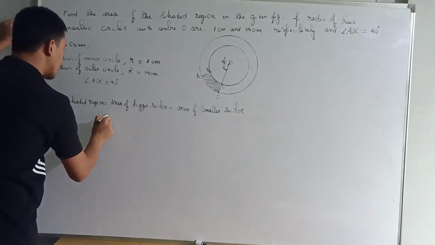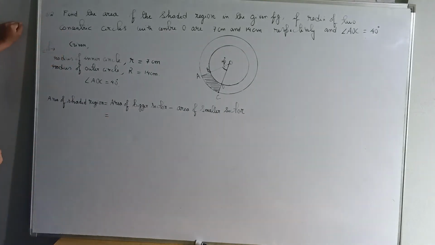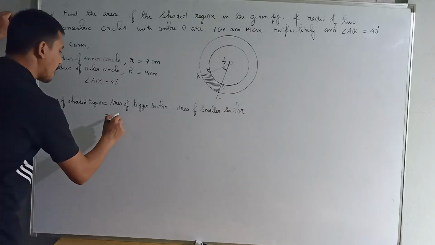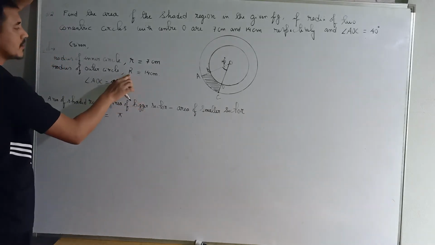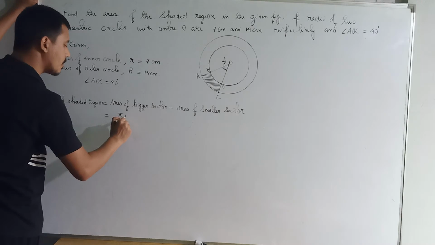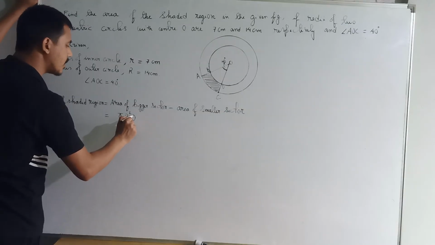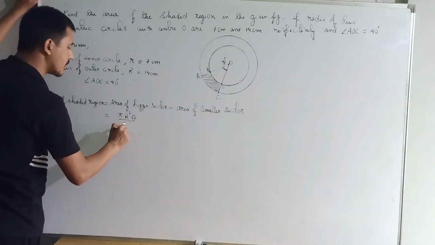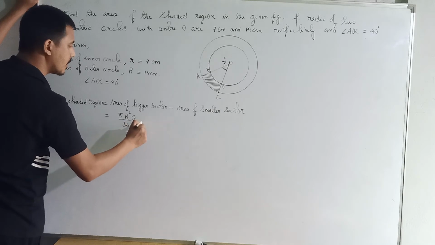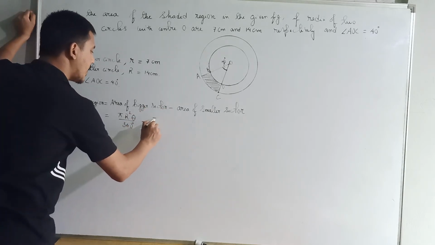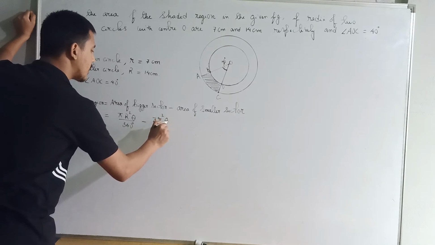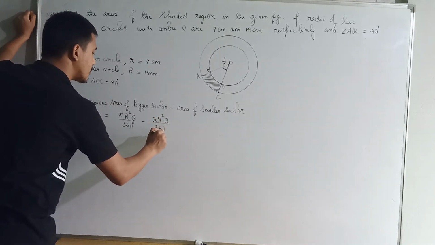We know that the area of a sector is given by the formula pi r square theta upon 360 degrees. For the bigger sector, the radius is capital R, so pi capital R square theta upon 360 degrees minus the area of the smaller sector, pi small r square theta upon 360 degrees.